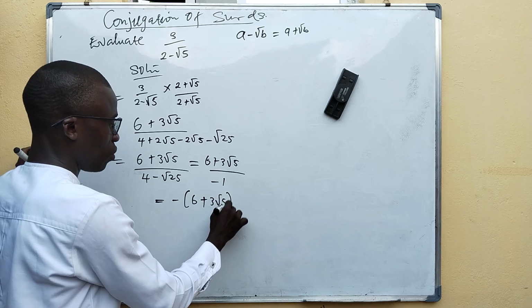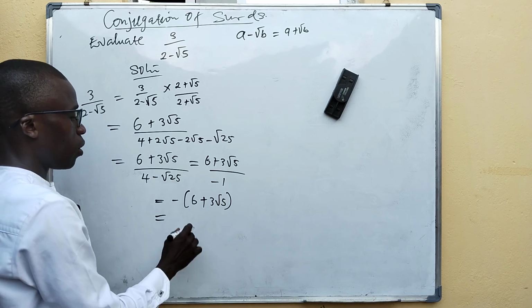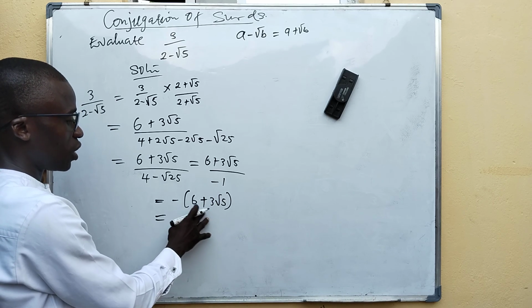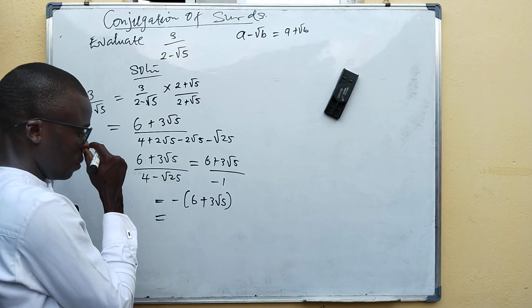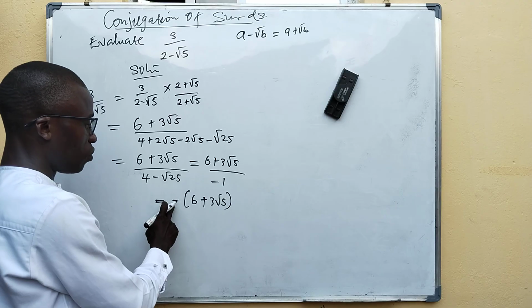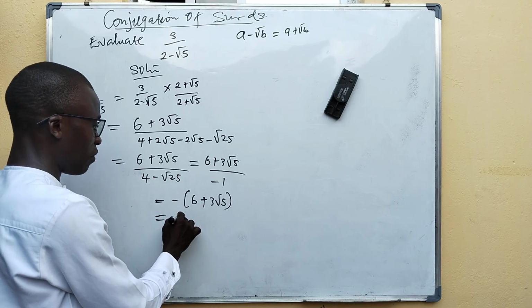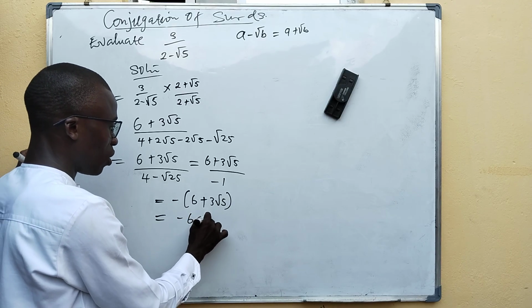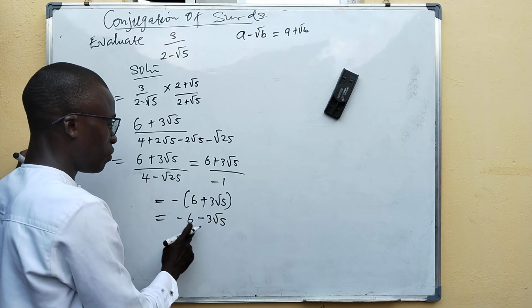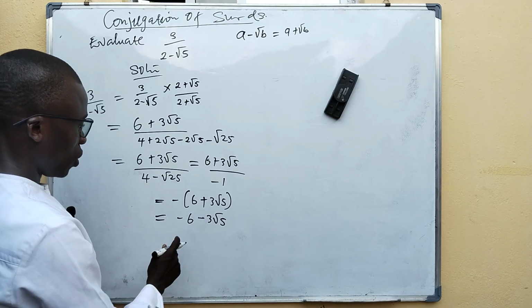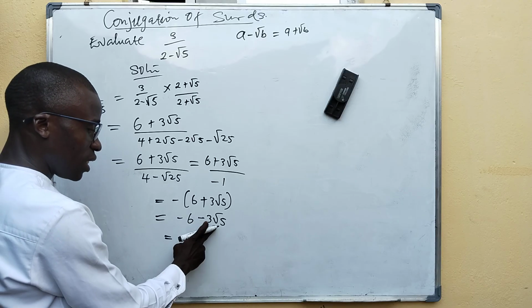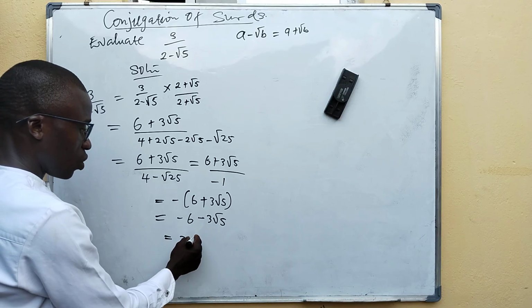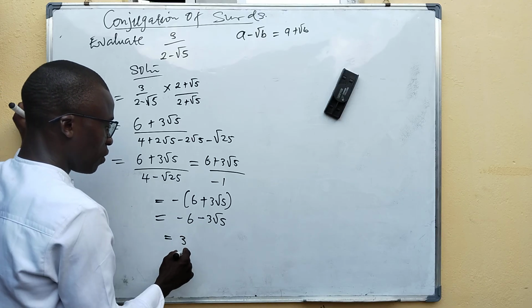Okay. Now, you are not going to leave it this way, since something can factor out. And what is it that can come out? If you open directly, you have minus 6 minus 3 root 5. So if you factor out 3, the factor of this and this is 3.